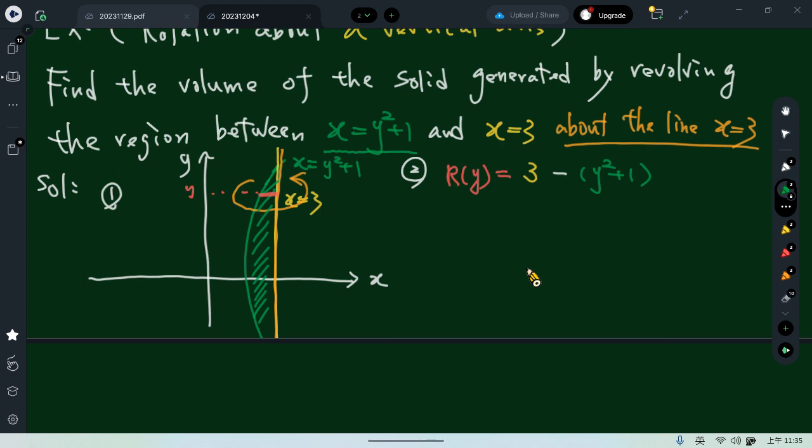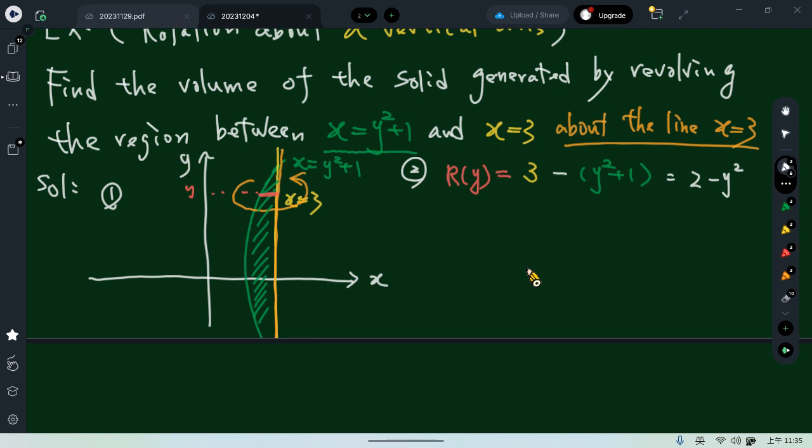So we need to calculate the radius first. r of y equals 3 minus this, so we get 2 minus y squared.